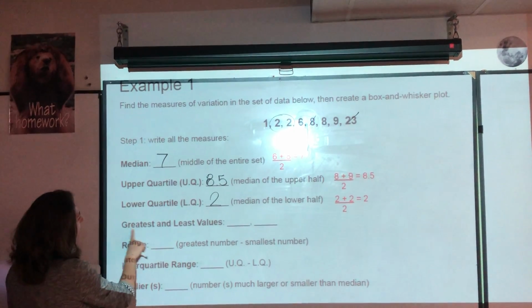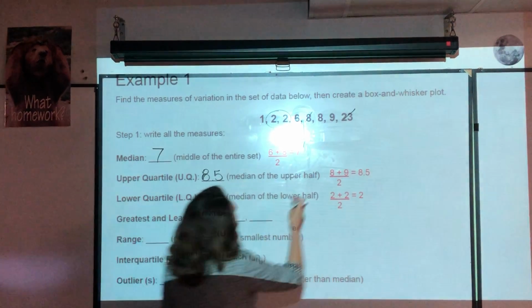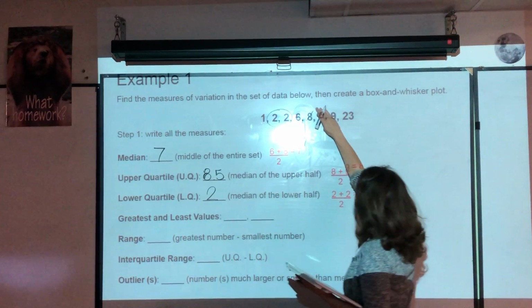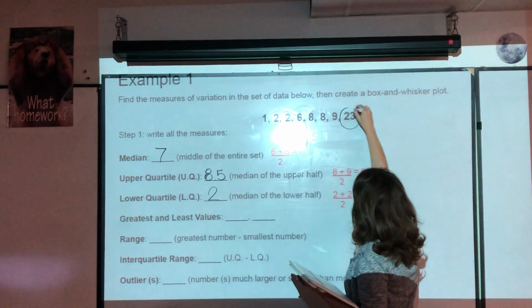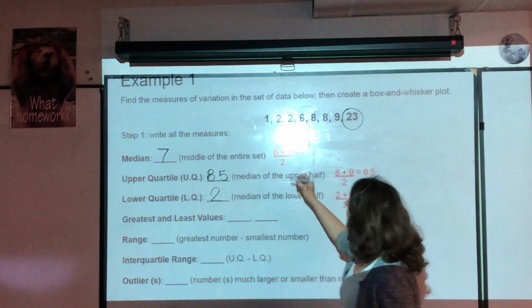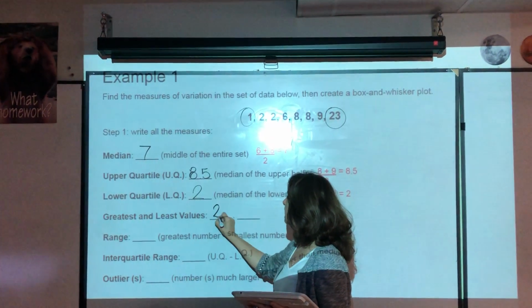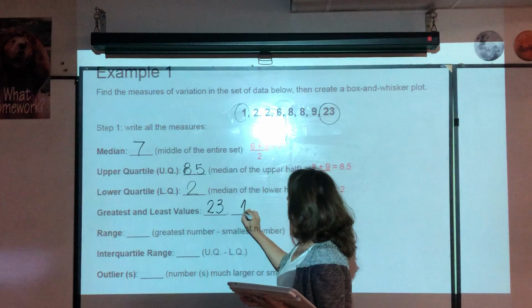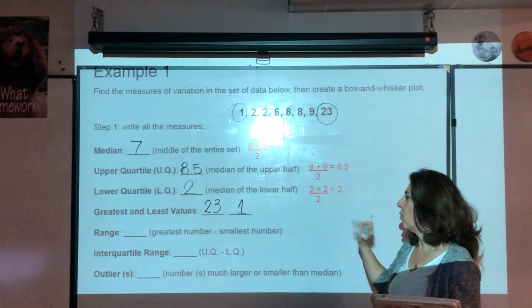Then I have to mark the greatest and the least values. Well, my greatest value is 23, and my lowest value is 1. So greatest value 23, least value 1.